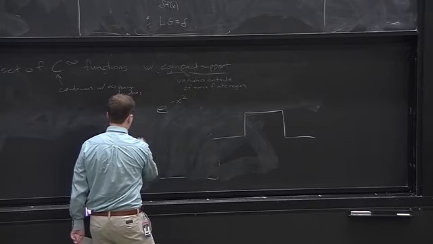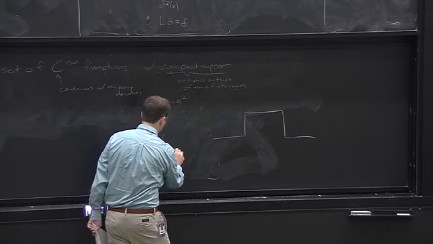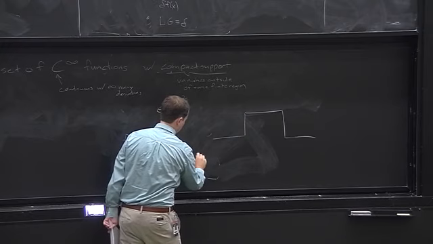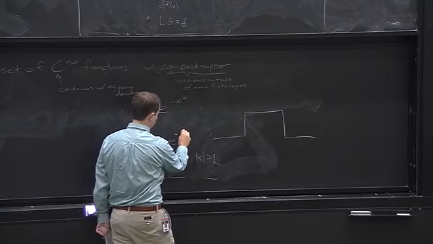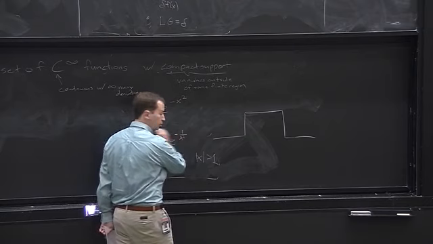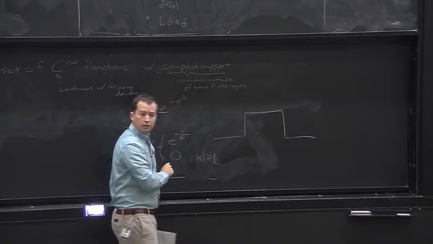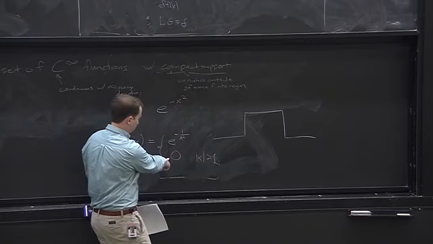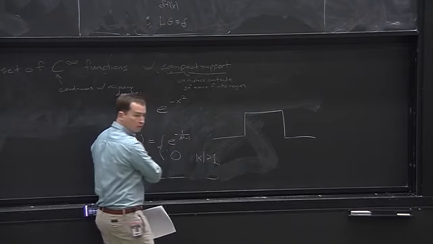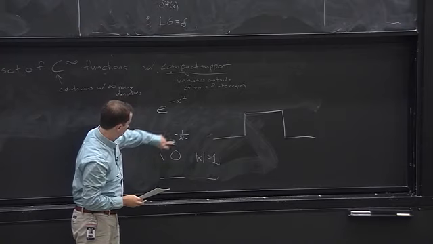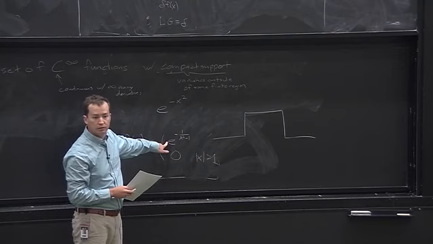So say f of x. We want it to be 0, say for x greater than 1, and you're trying to smooth it. And we want it to match here. So that will match if we put a minus 1 here. Yeah, so this is 0 at x equals 1, and all of its derivatives will be 0.